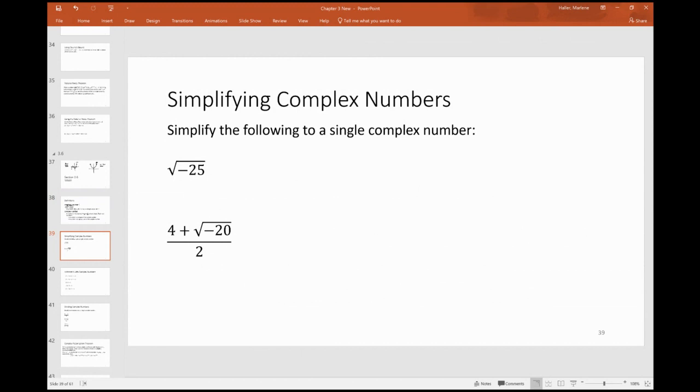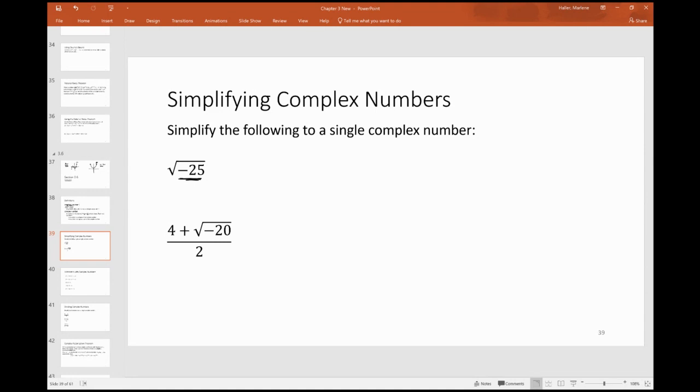Let me back up. When we're dealing with complex numbers, usually a complex number is the result of taking the square root, the fourth root, or some even root of a negative radicand.